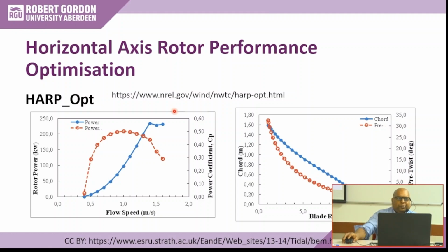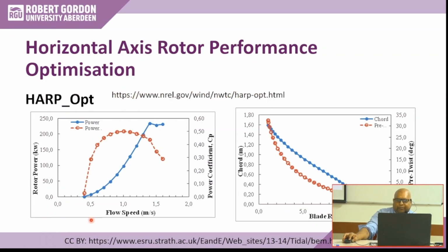Another freely available software is HARP Opt. It's a very good software. It was developed for wind energy, but it can also be used for hydrokinetic turbine blade design, and that is also available free from this website.